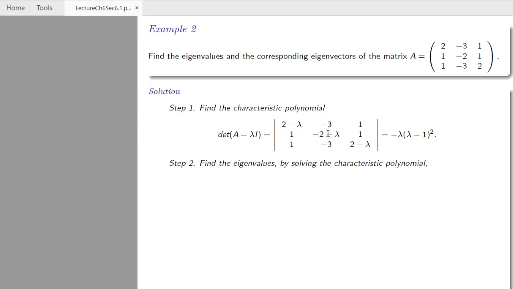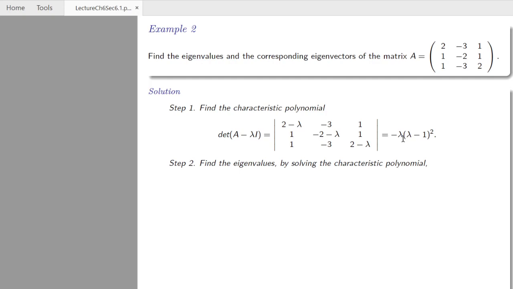At the last step we wrote down the characteristic polynomial in this factored form because after we factor the characteristic polynomial like this, we can easily find the solutions, or we can easily find from here the eigenvalues of matrix A.